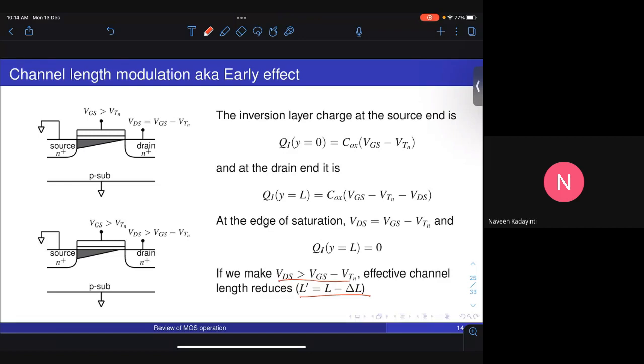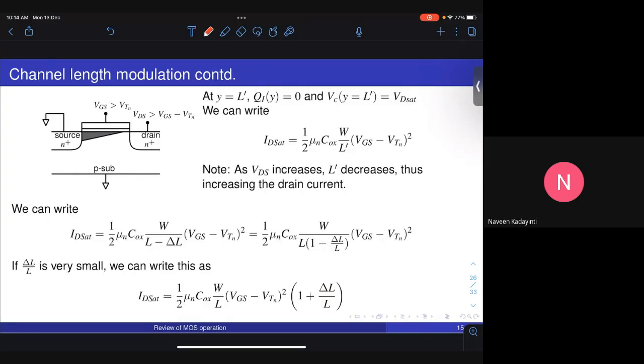So what happens to the current in those conditions? Now we know that at y equal to L dash, which is the length of the new channel, now shrunk by some small amount, the charge is 0 because that is the point at which the channel has been pinched off, and Vc of y at y equal to L dash is Vd sat.